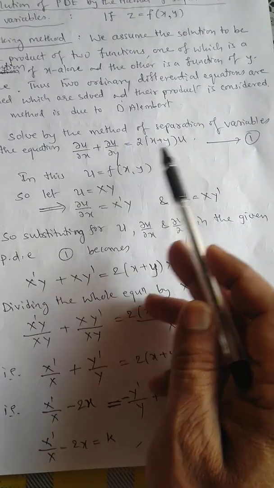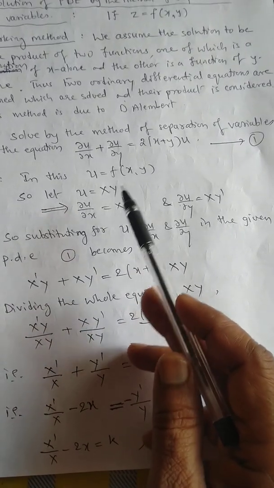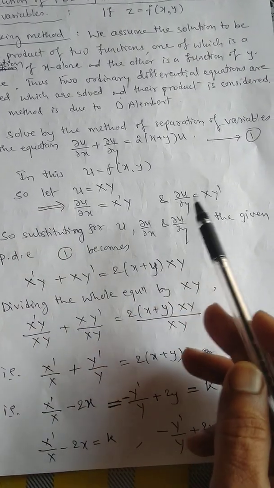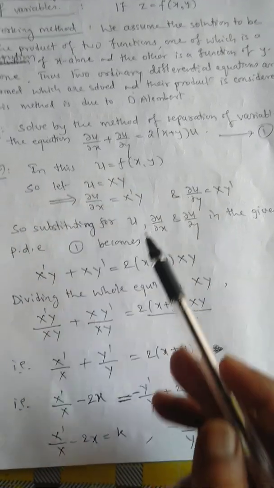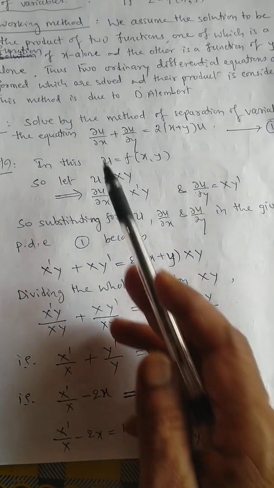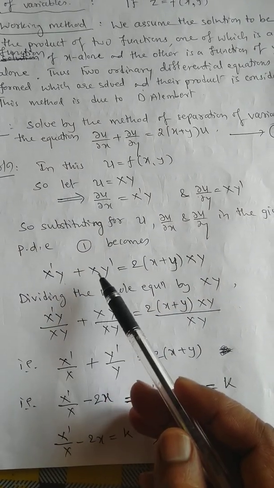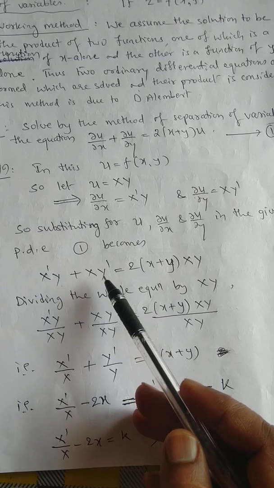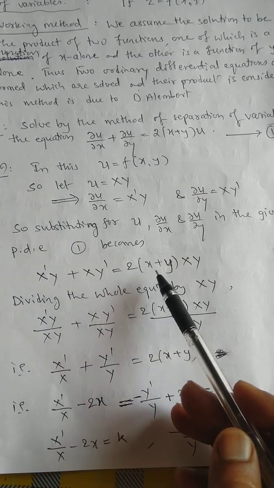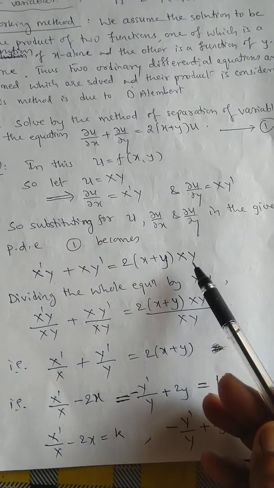Substituting for u, ∂u/∂x, ∂u/∂y, that means u = XY, we have X'Y, which is ∂u/∂x, plus XY', which is ∂u/∂y, equal to 2(x + y) into u, which is XY.